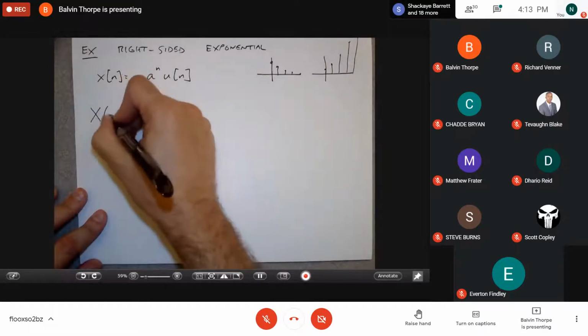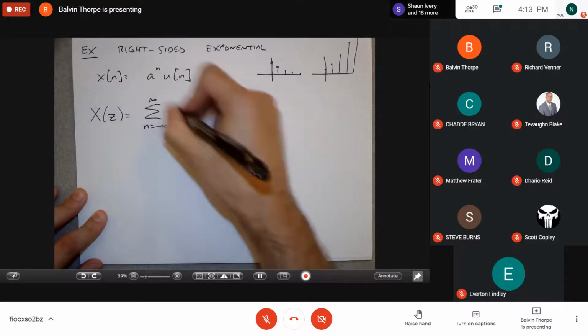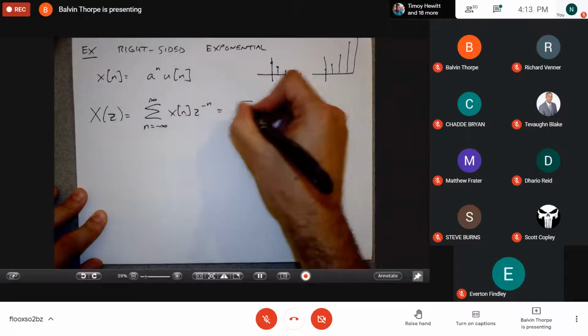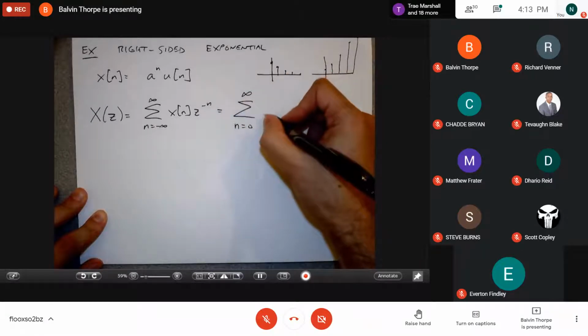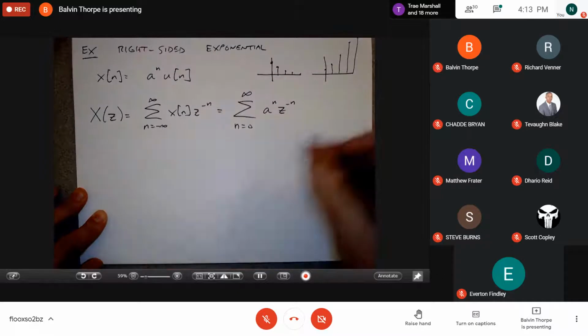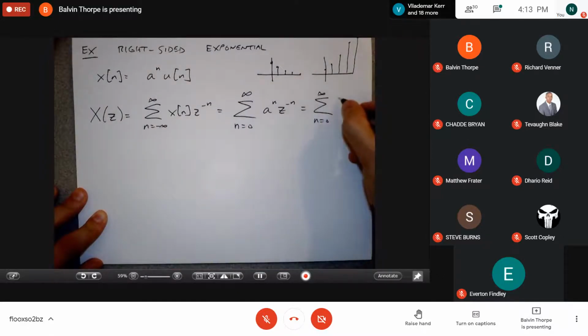So let's actually compute the Z transform: the sum of x of n, z to the minus n. In this case, this turns into, from n equals 0 to infinity, a to the n, z to the minus n, which is a different way of looking at it as a over z, to the n, right?